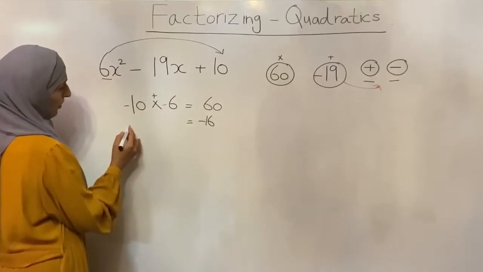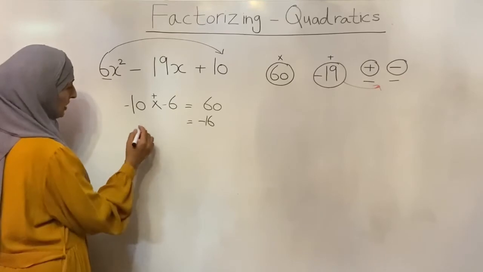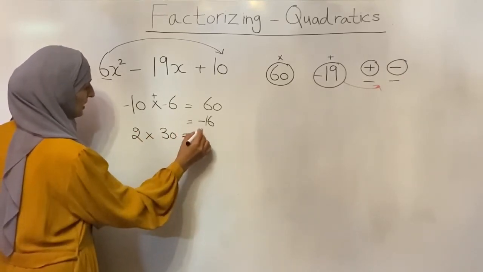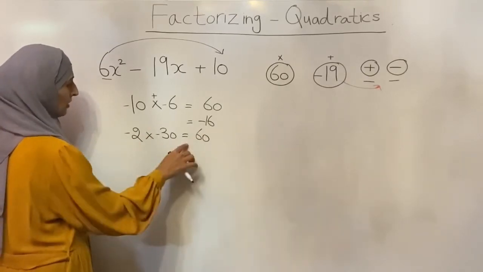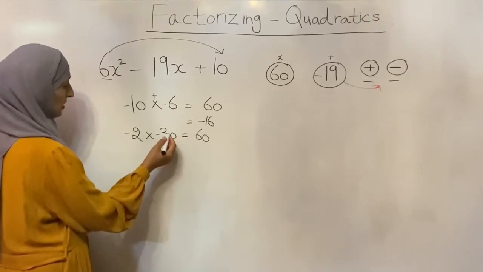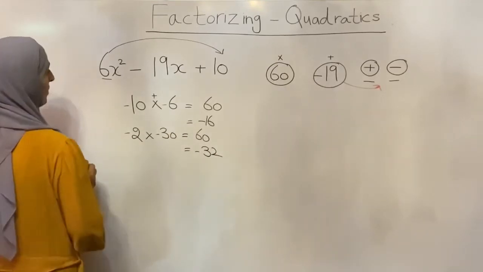If I go for 2 times 30 is 60, but with the two minus signs, minus 30 minus 2 is minus 32. So this is not a factor pair.